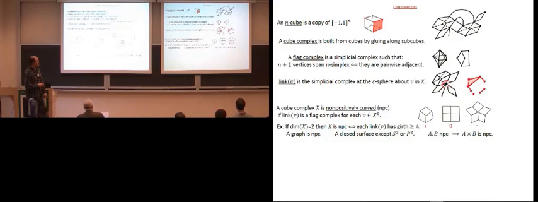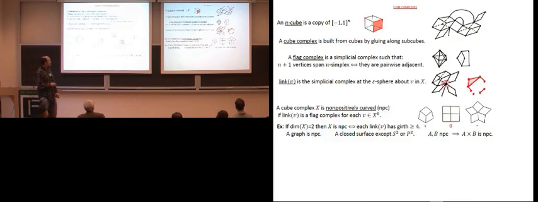And then you just add a simplex whenever you see its 1-skeleton. Okay? That's the way to think of a flag complex. You just take a simplicial graph, and then throw in all the simplices that you think are there. So here are 2 examples of flag complexes, assuming that you've added these simplices.